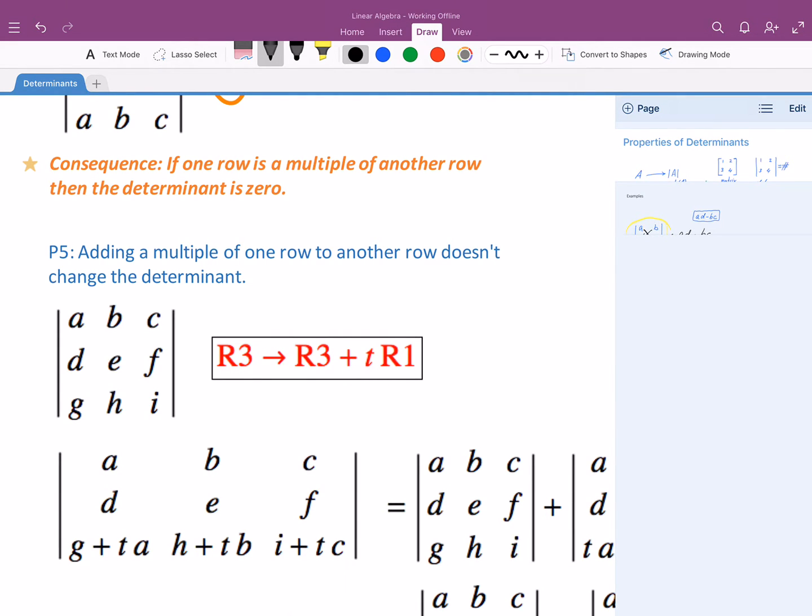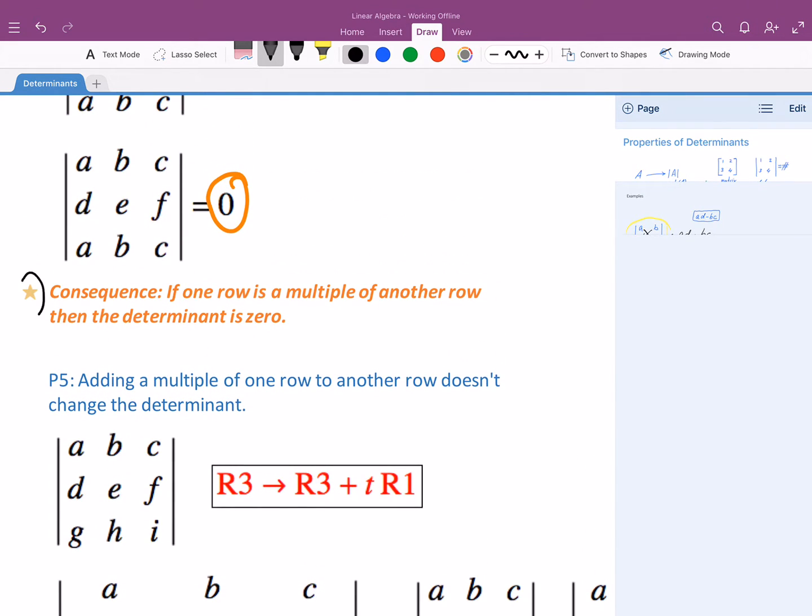Now, let me mention this consequence real quick. A consequence of when you have two equal rows, the determinant is 0, is that if one row is a multiple of another row, then the determinant is 0. Let me show you why that makes sense.